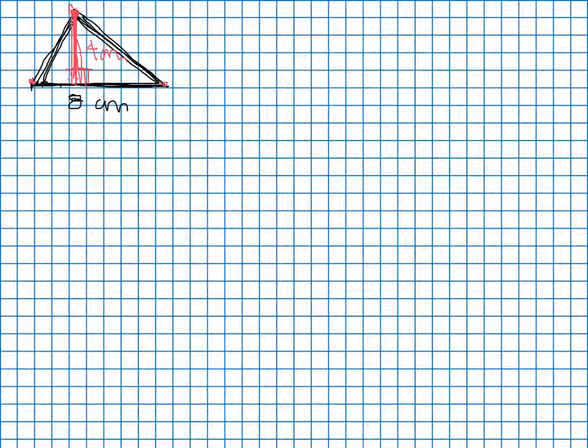Let's look at this in terms of what the mathematical law would tell us. Let's make this a little bigger.